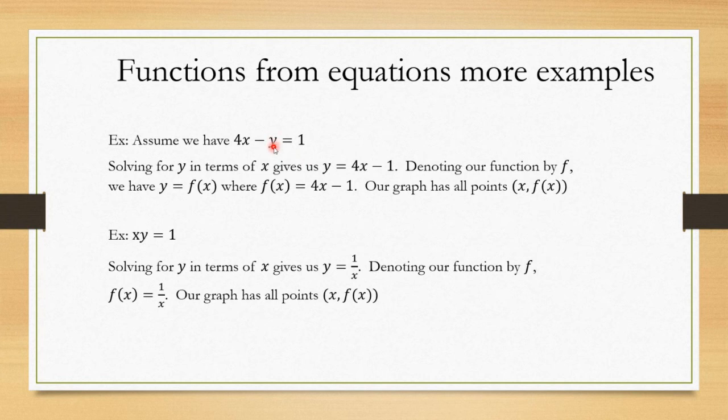You can solve for y. I didn't show the calculation, but you can basically just add y to both sides and then subtract 1 from both sides. And from here, you get y equals 4x minus 1.